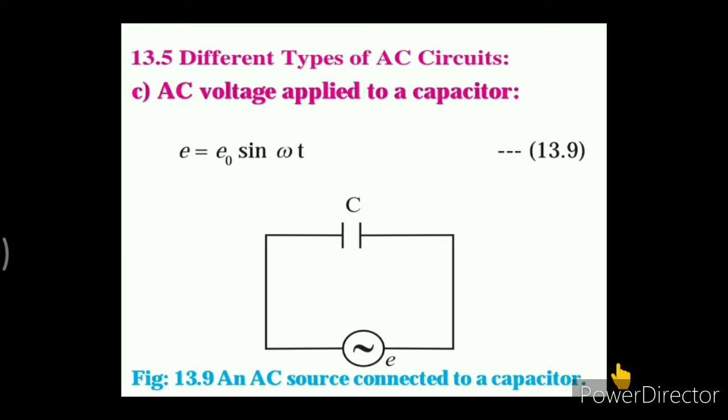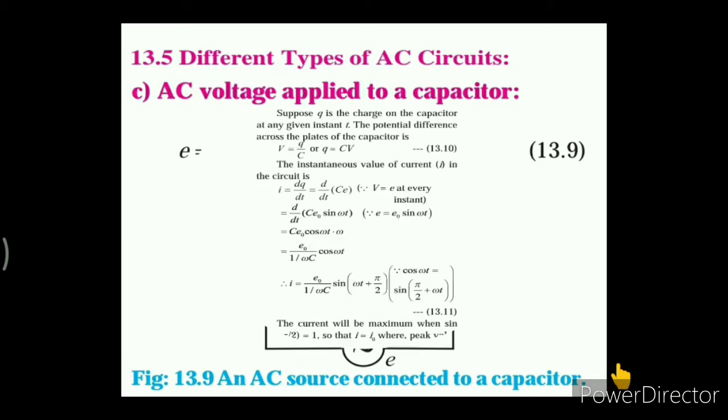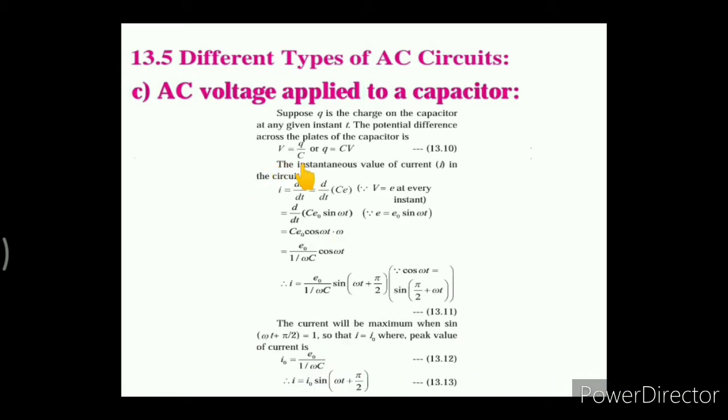Hence, the potential difference across its plates at that instant is given as V equal to q upon C. As the charge on the capacitor q and the potential difference across the plates V are directly proportional to each other, q is directly proportional to V. So we can say q is equal to some constant times V, where the constant is called C, the capacitance of the capacitor. So we can say that q is equal to CV. Give it equation 13.10.